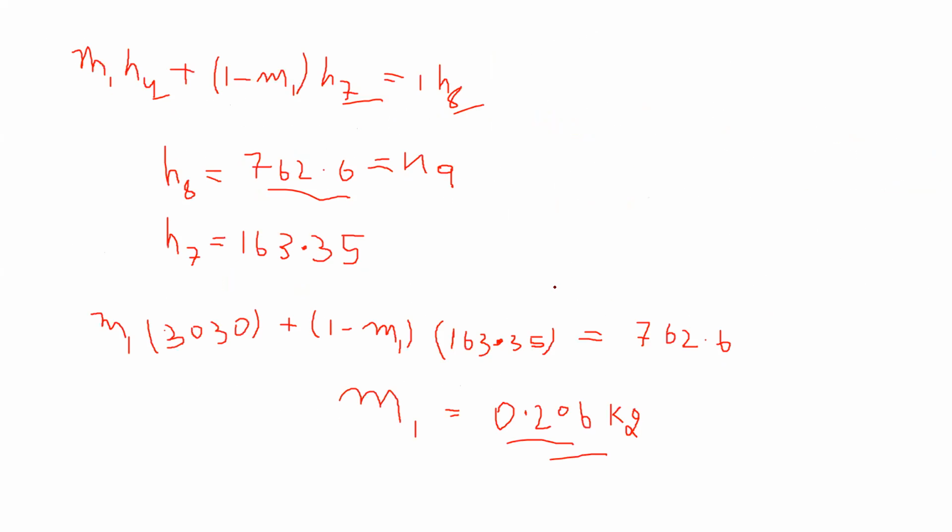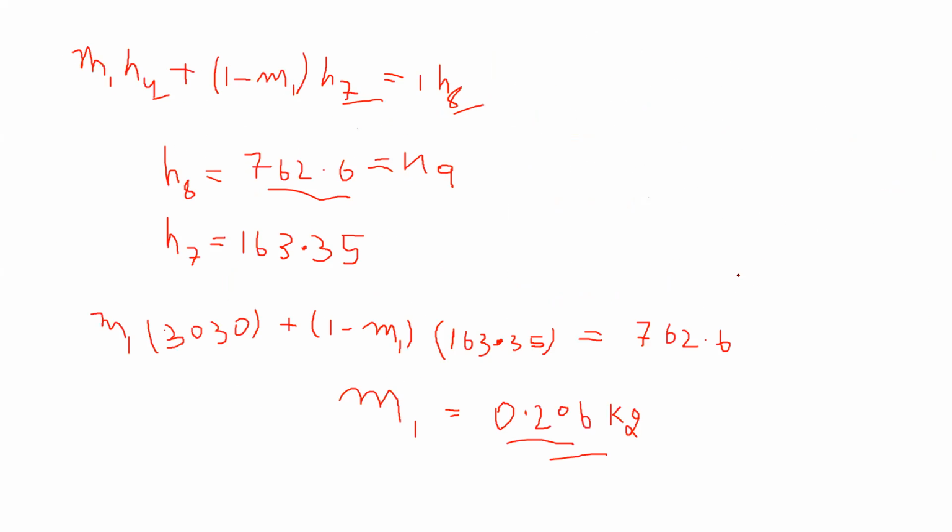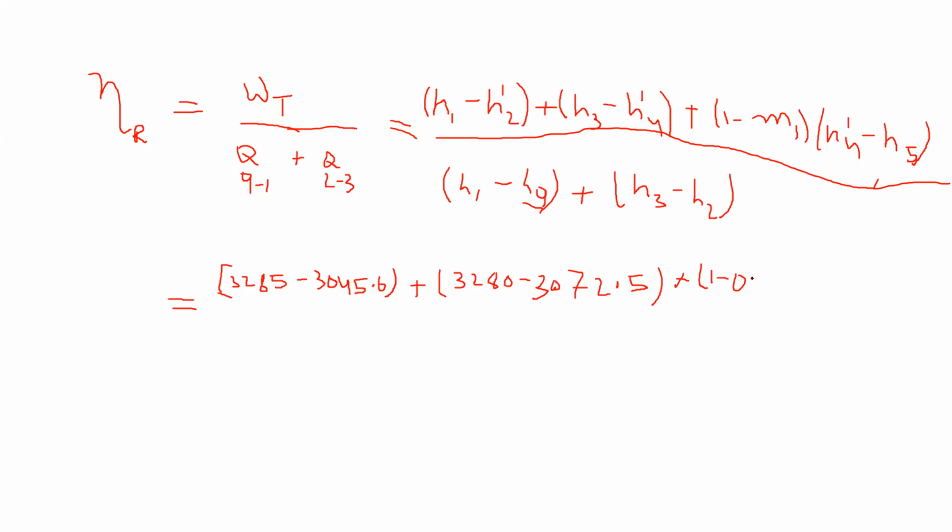Plus 1 minus M1. What is the M1 here? It is 0.206 kg, into H4 dash, which is 3072.5, minus H5 dash.